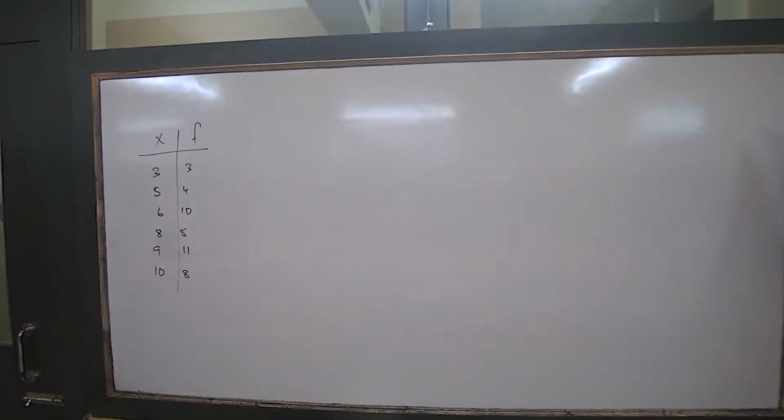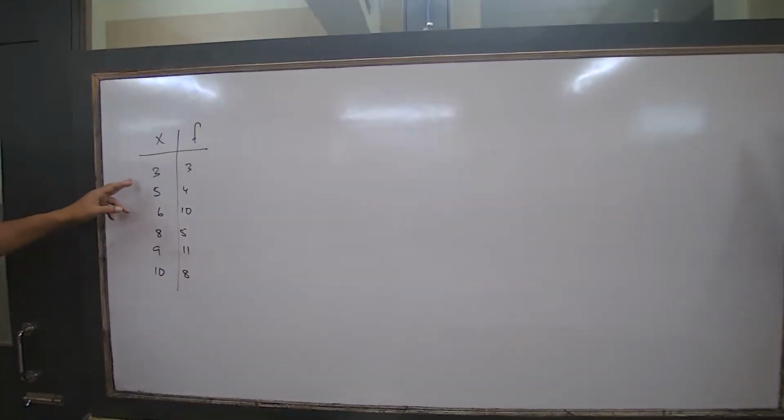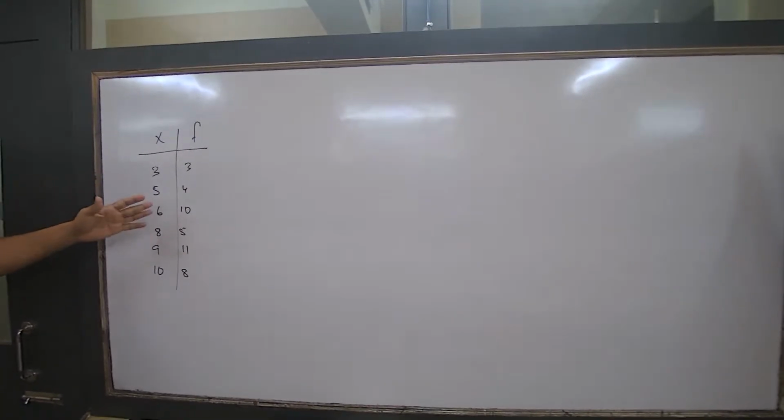Do you know the meaning of grouped frequency distribution? Sometimes there are a lot of values. Suppose marks are out of 80, then we would have to write 1, 2, 3, 4, 5, maybe till 80.